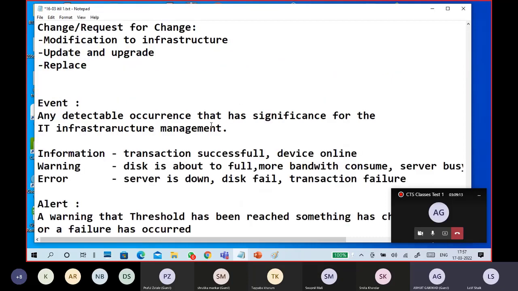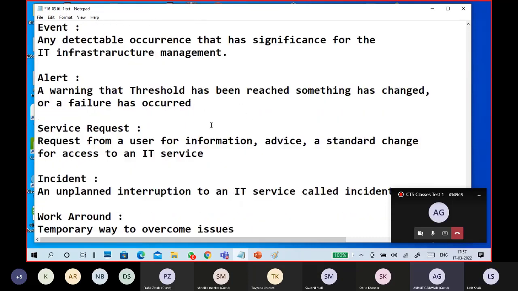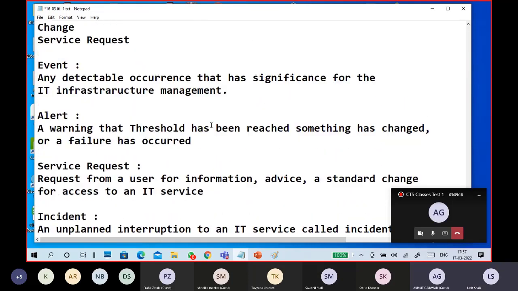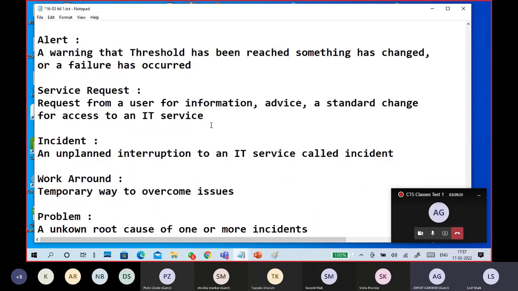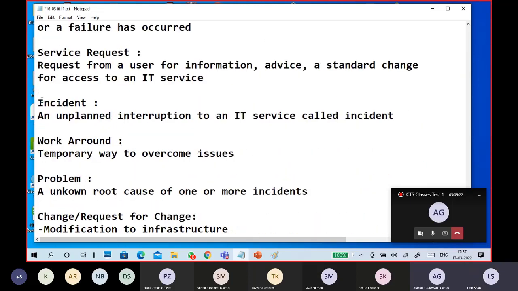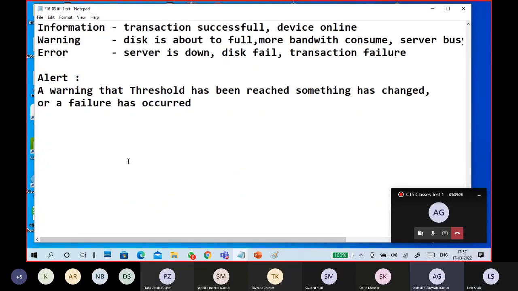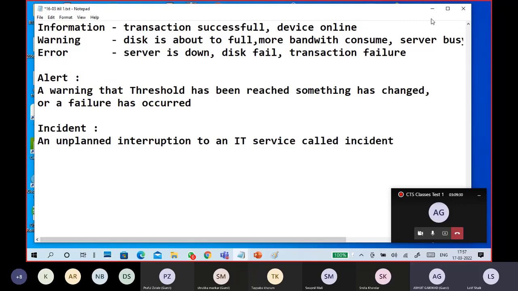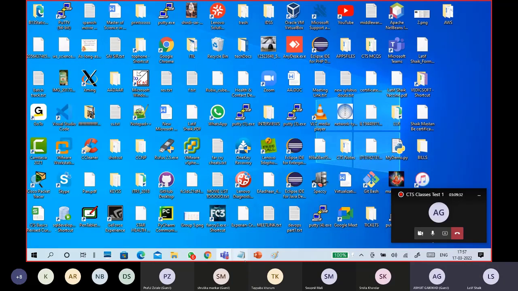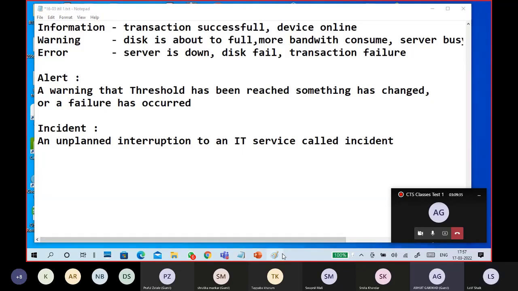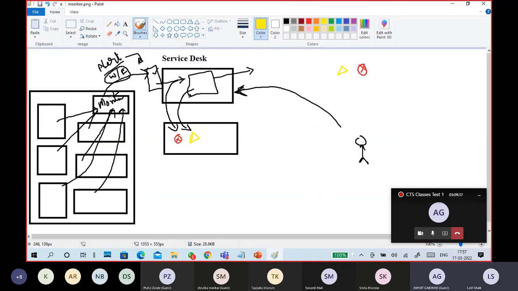Event and alert. Next one is incident. Incident means unplanned interruption. Guys, I told you, an issue is reported to the ITIL team, reported to the service desk by two sources.